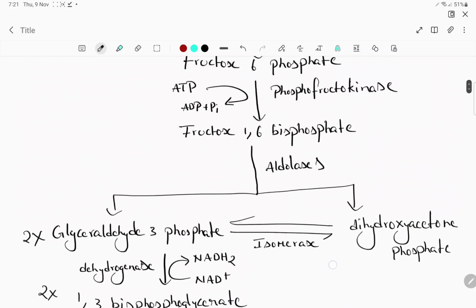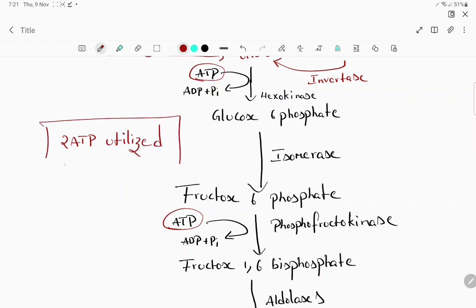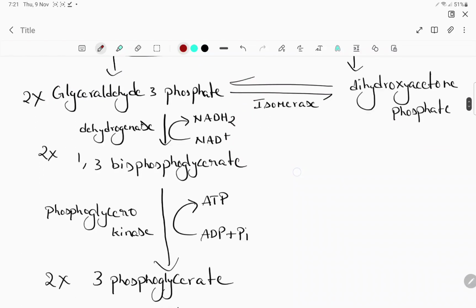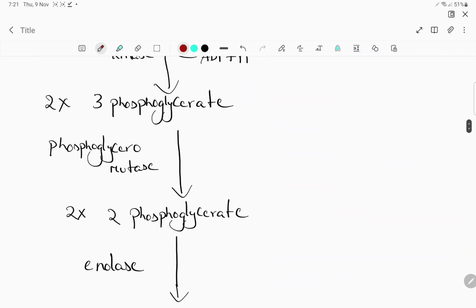So what is the total number of ATP here? If you see here, these two are utilized, so 2 ATP utilized, and if you see here, 2 ATP are produced, totally 4 ATP are produced.